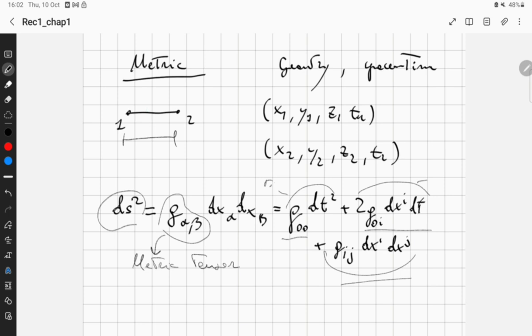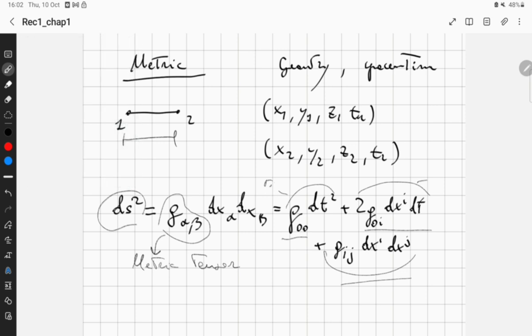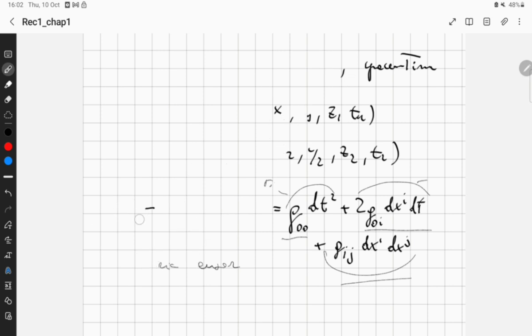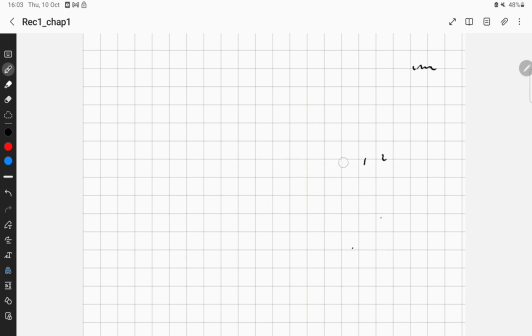So we see that the distance, the interval between two events in the theory of relativity, has different definitions, with respect to the sign it takes, and describes different kinds of intervals.